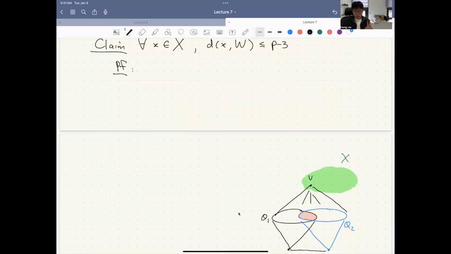First, if we pick some X in X, we notice that G being K_R free implies what?